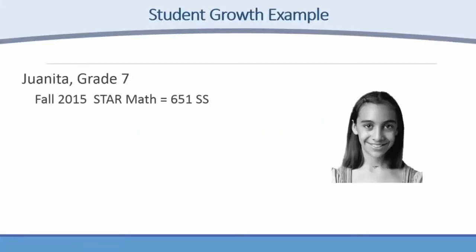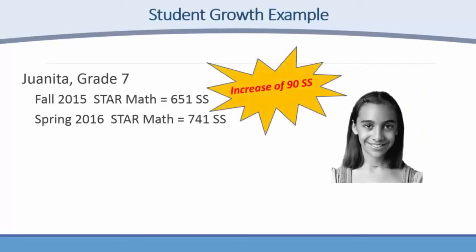Let's walk through an example. Meet Juanita. She's a 7th grader with a fall STAR math scale score of 651. In the spring, Juanita's STAR math score was 741. That's an increase of 90 scale score points over the course of the school year. 90 scale score points.